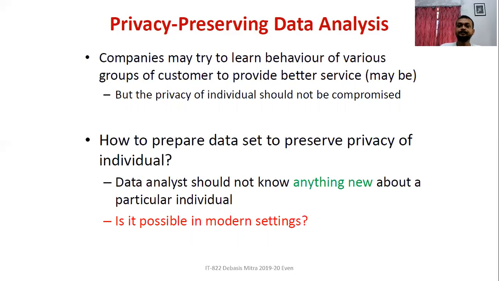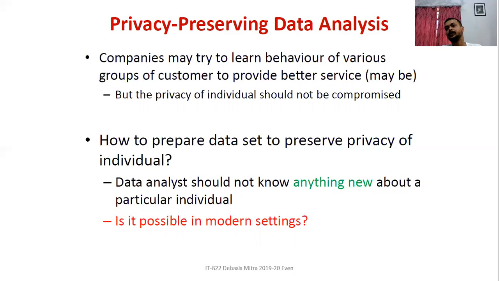So basically, in the most conservative way, in order to ensure privacy preserving data analysis, many data analysts, researchers or professionals opine that a data analyst should not know anything new about a particular individual by processing some data.